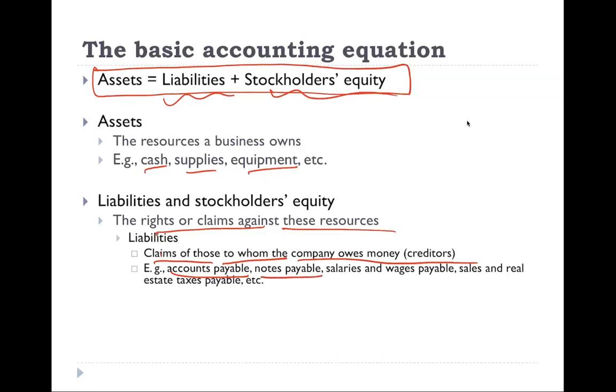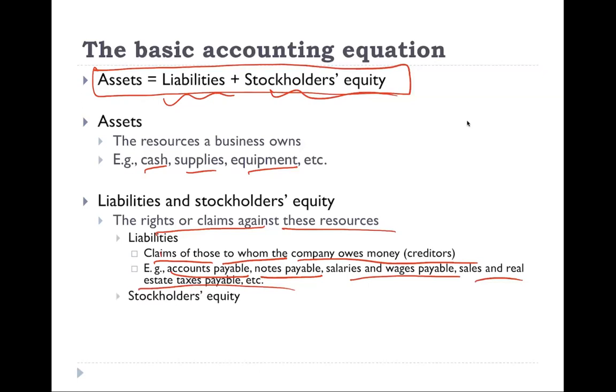Notes payable: sometimes when the firm borrows money and writes a note to those creditors, that becomes the firm's notes payable. Salary and wage payable: the firm may owe some salary to its employees. Sales and real estate tax payable: that's the money the firm owes to the government.